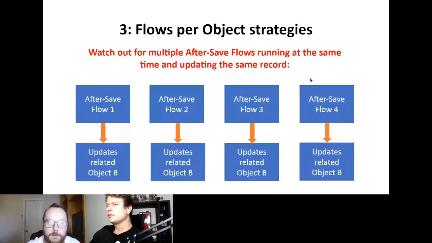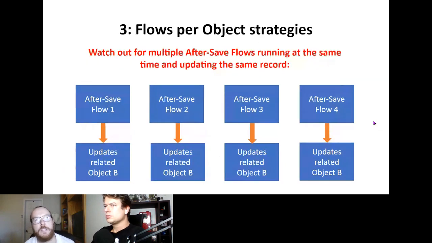Let's assume you have 4 after save flows, and these may all have entry conditions. But if you have scenarios in your org where all 4 of the conditions for these flows are met at the same time, what you're going to end up doing is resaving the same related record 4 times. So obviously that's not particularly efficient.